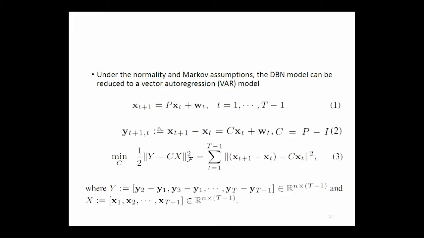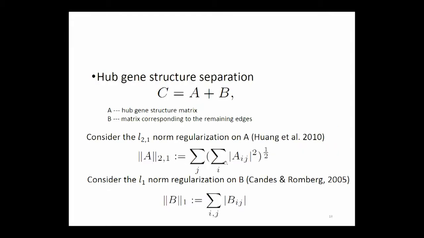Then we use this model to formulate a least square regression formulation. We want to incorporate the hub gene structure into the formulation.